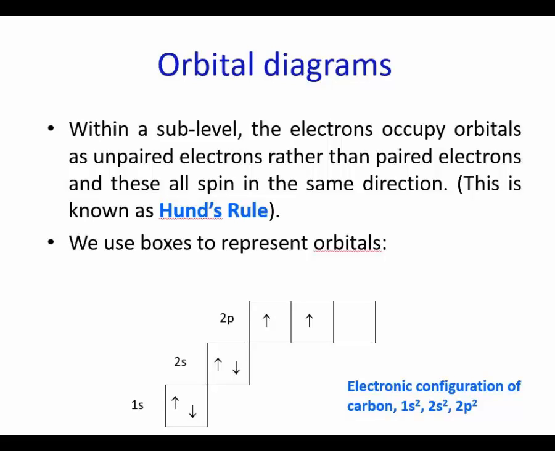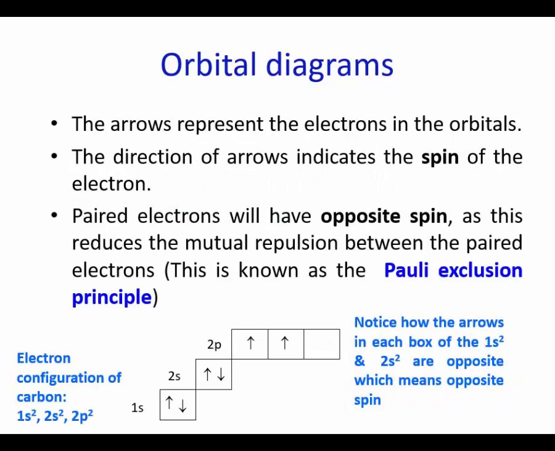So fill in the one in each of the 3 for a P, or one in each of the 5 for a D suborbital, and make sure they're all going in the same direction before you put a second electron in a box which will go in the opposite direction. Putting them in the opposite direction, by the way, is the third principle. That's called the Pauli exclusion principle.